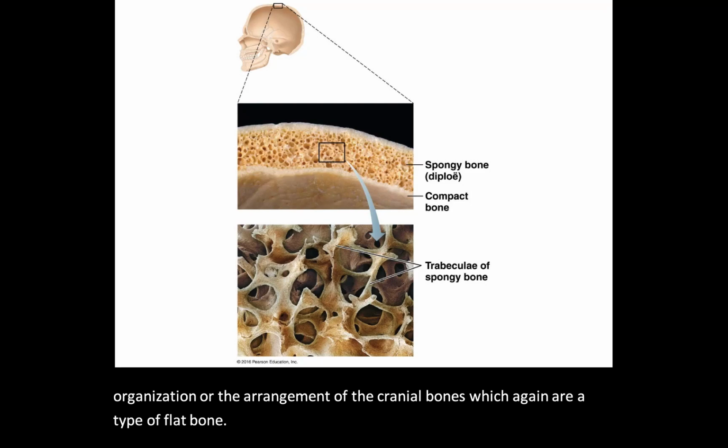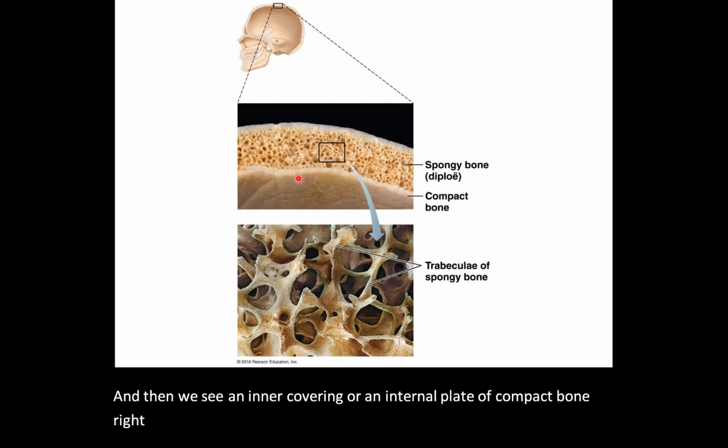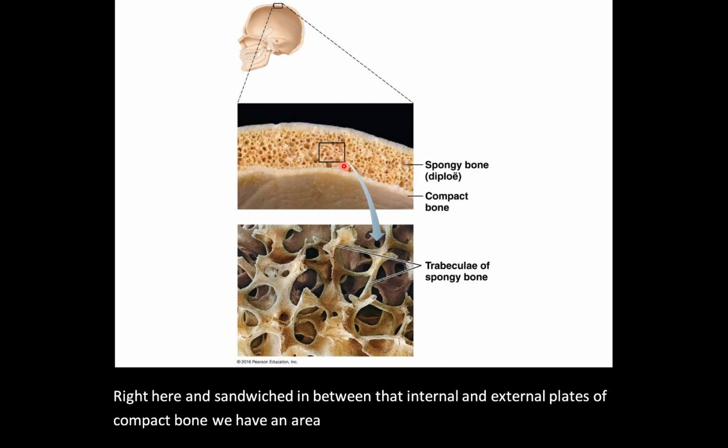And what we see with this is an outer covering of that bone over here, and then we see an inner covering or an internal plate of compact bone right here, and sandwiched in between that internal and external plate of compact bone, we have an area of spongy bone.